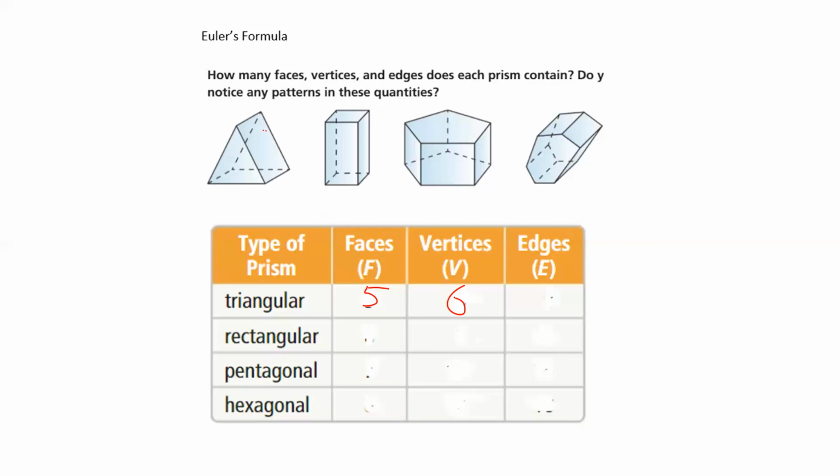So I'll mark them off as we go. 1, 2, 3, 4, 5, 6. All right. So our edges, an edge is where we have 2 of these faces come together. So this is an edge. Any one of those segments is considered an edge. So how many edges do we have?